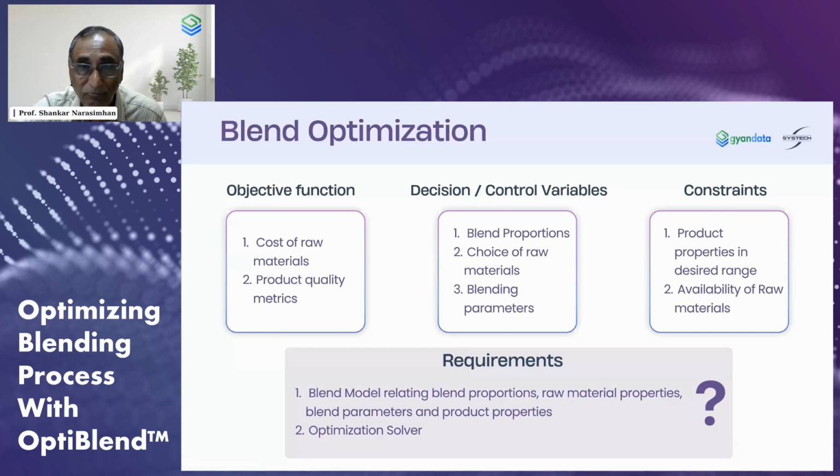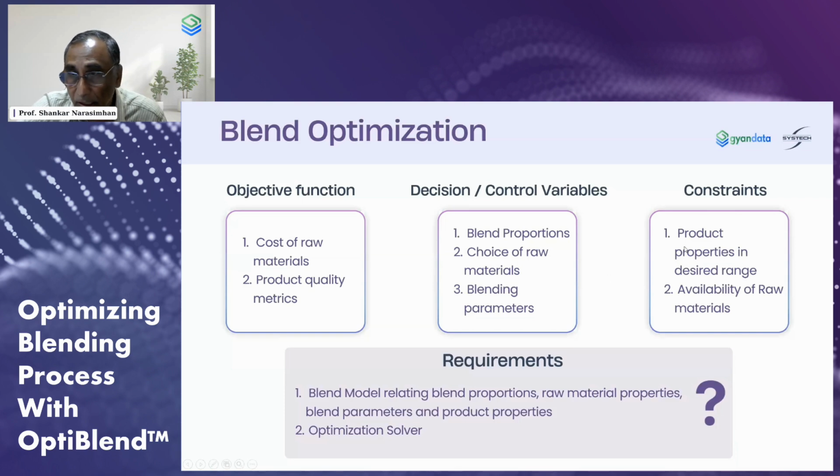Or, for example, if you have stored the material in different tanks, you may want to choose one of a few tanks in order to actually blend the raw materials. And then you might also have control over some of the blending parameters like temperature or the time of mixing or the RPM of the agitator and so on. So these are the variables you have within your control.